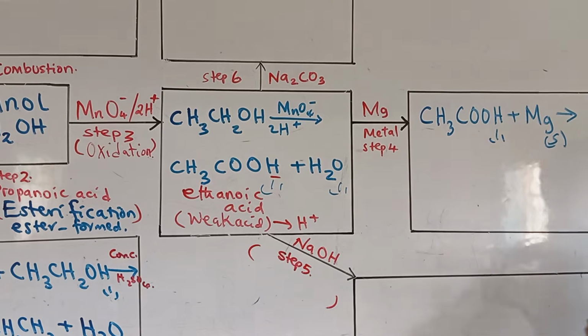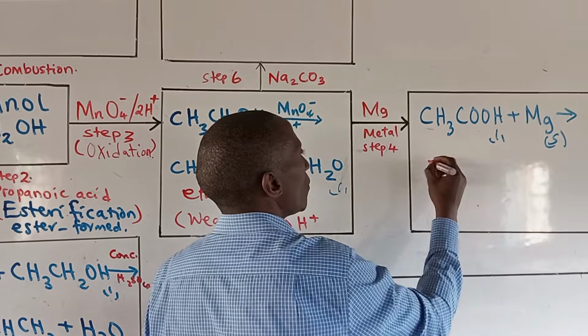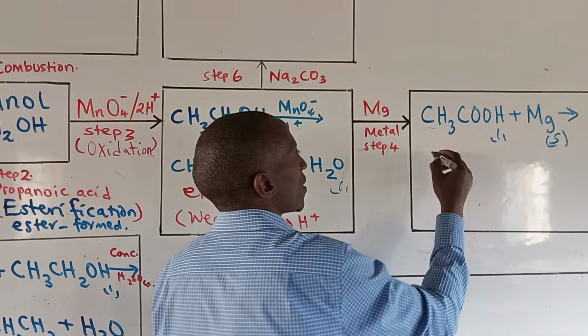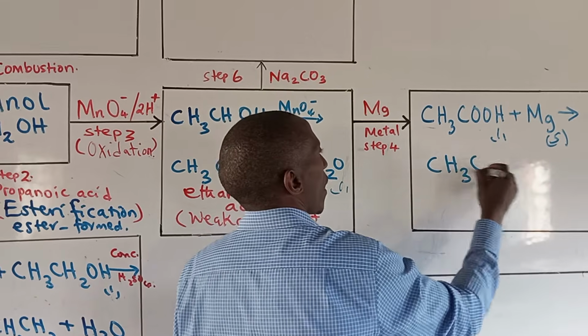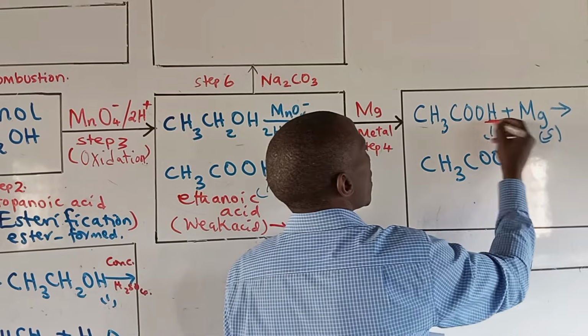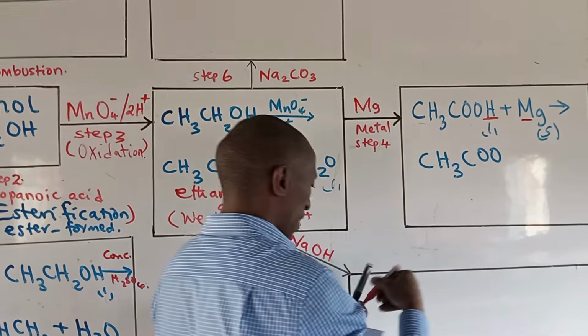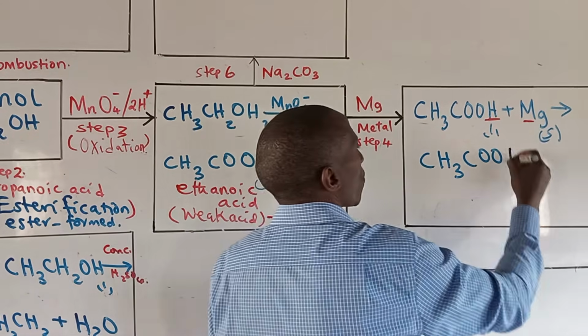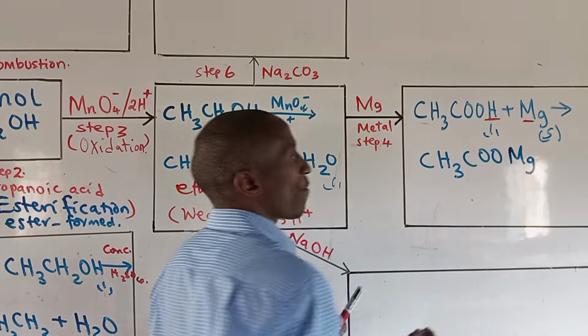So let's look at this. We have the product, and we are saying that in this case the hydrogen is going to be displaced by the magnesium, and what is going to be formed? We are going to form a compound here of magnesium.